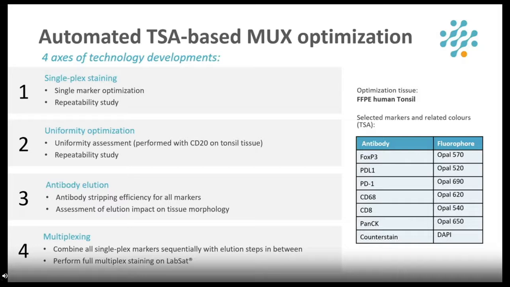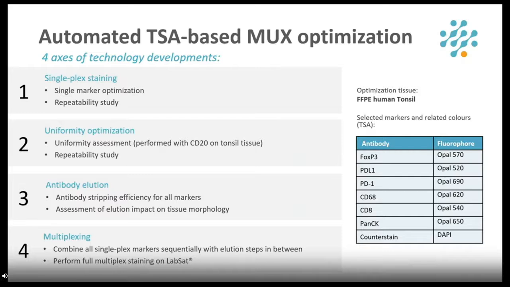And then the antibody elution optimization to make the heat-induced strip-off reach complete antibody removal between cycles while preserving the tissue morphology at the same time. And finally, the multiplexing part, bringing all the individual optimized elements in one multiplexing assay and build a fast and efficient workflow on the machine.